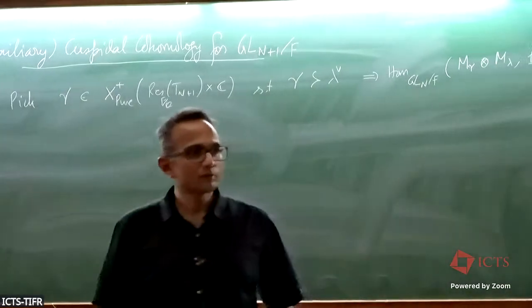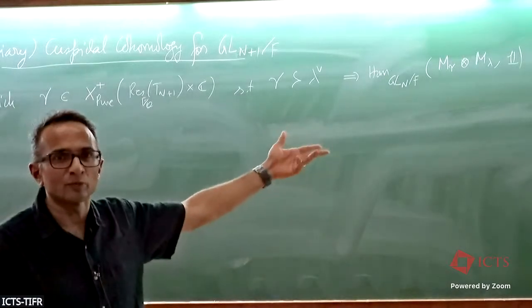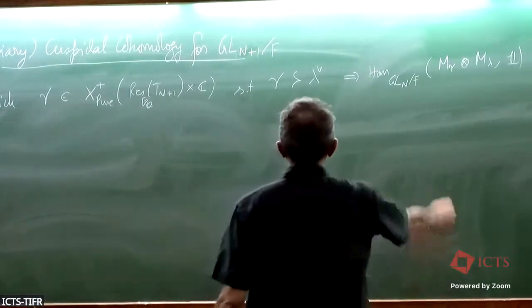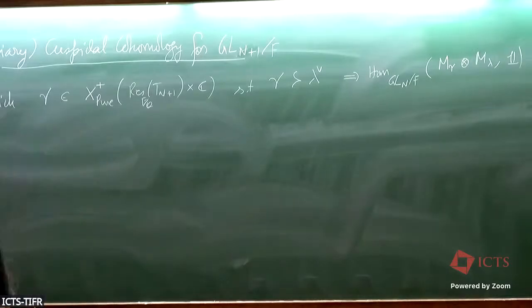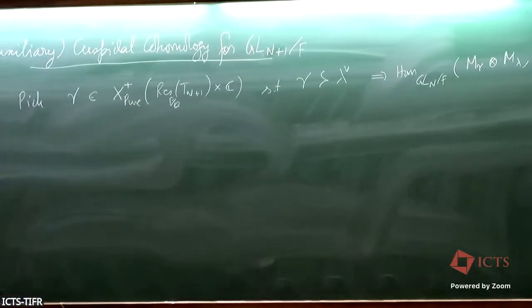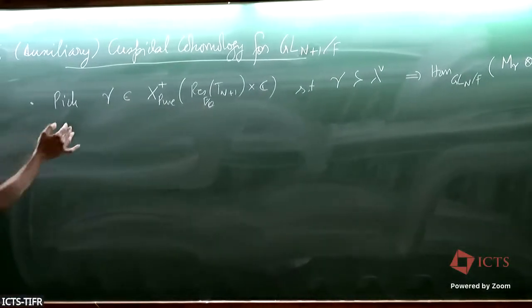That's what it means. And this is multiplicity 1 for this classical branching law. So I pick a pure weight, and this is possible. That needs a proof, but I'm just asserting you can do this.